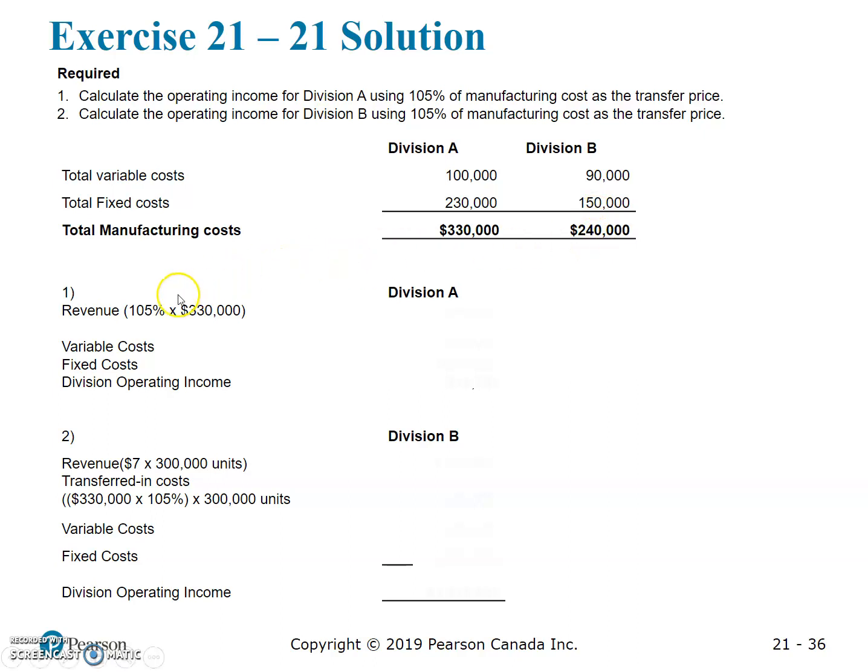For the first question, to calculate the operating income for Division A, we first need to figure out the revenues for Division A. The revenues are based on 105% markup of the total manufacturing cost for Division A, which is 105% times $330,000.